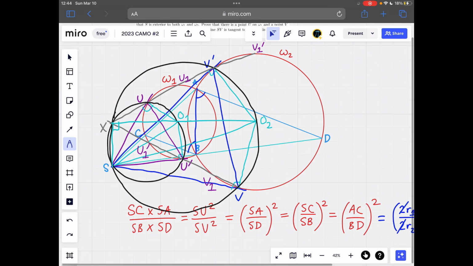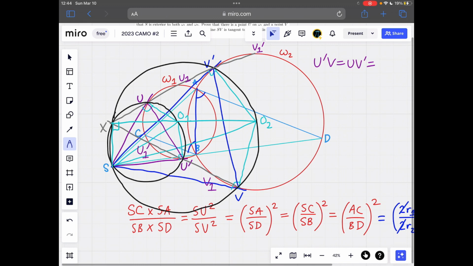So this spiral similarity is nothing but a rotation. And so SUV' and SU'V, the two triangles, are not only spirally similar, they are spirally congruent. And so it follows U'V equals UV', but U'V is also the same length as its reflections over line O1O2.